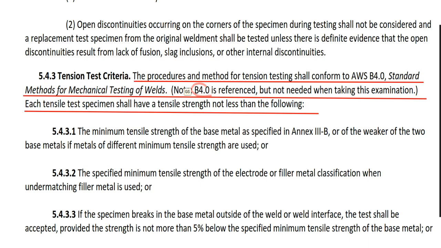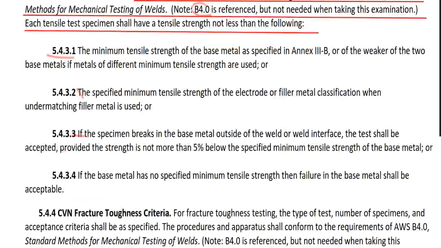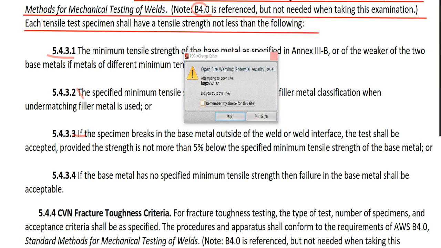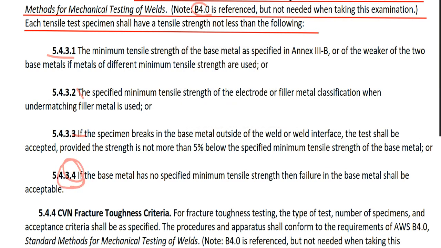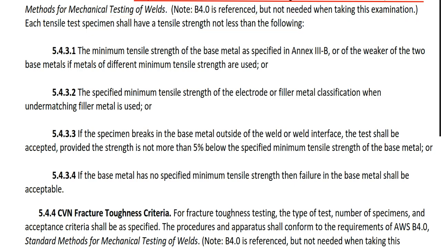So the tensile test acceptance criteria is from 5.4.3.1 to 5.4.3.3, four items, and I will give you the explanation.